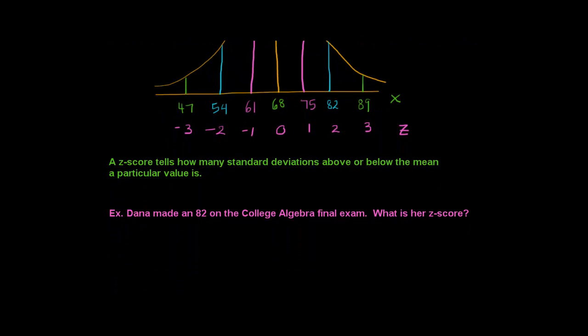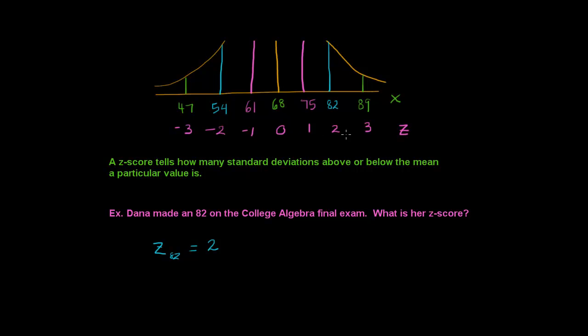So Dana made an 82 on the college algebra final exam. What was her z-score? So we could write this as z for the score of 82, and that's equal to, well, looking at our scale, she made a z-score of 2, because 82 is 2 standard deviations above the mean.